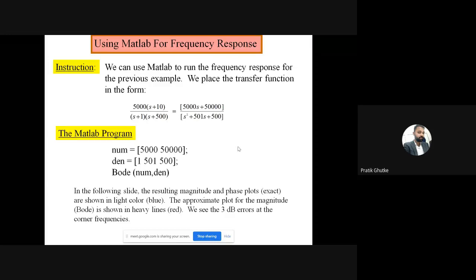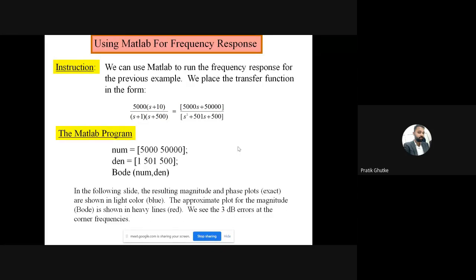That is s square plus 501s plus 500. Yes. So 5000s plus 50,000 divided by s square plus 501s plus 500. So for the denominator I have to give its coefficients. So the s square coefficient is 1, the s coefficient is 501, and then 500 constant. So square bracket complete with semicolon.